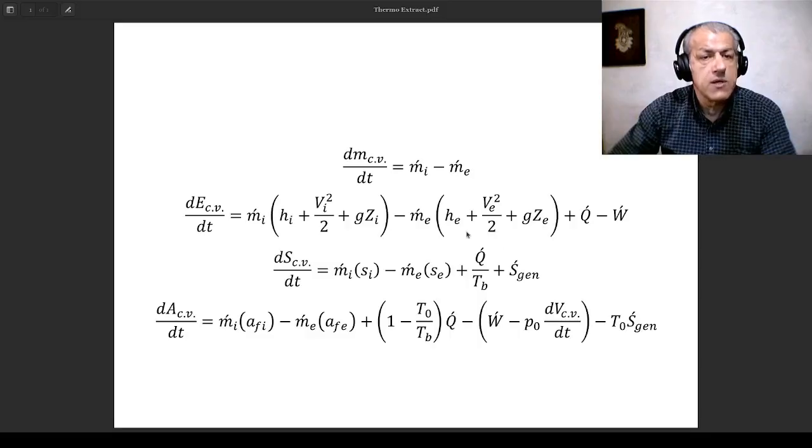These are our equations, and you see, this is the mass conservation equation, and this is the energy equation. The second law of thermodynamics and the availability equation. I would just describe each of them in this problem first and then simplify them, and then you would see the meaning for the problem that we are trying to solve.